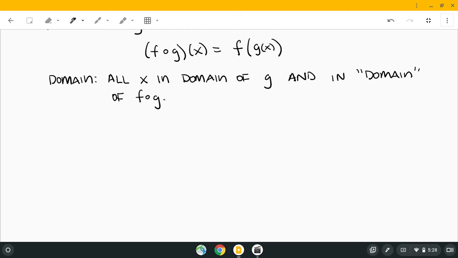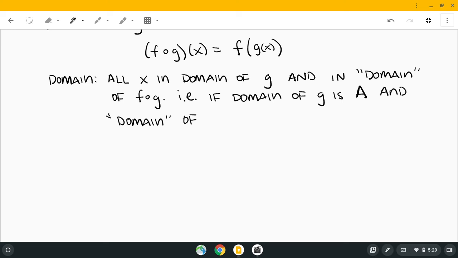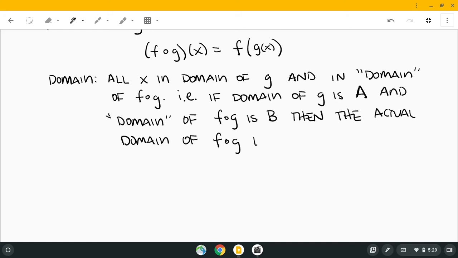Okay, so i.e., if the domain of g is a and the domain, and I'll say this loosely, the domain of f circle g is b, then the actual domain of f circle g is the intersection of a and b.